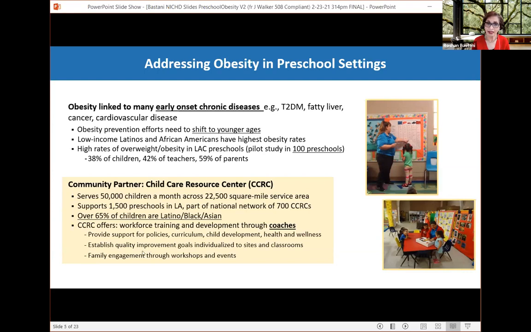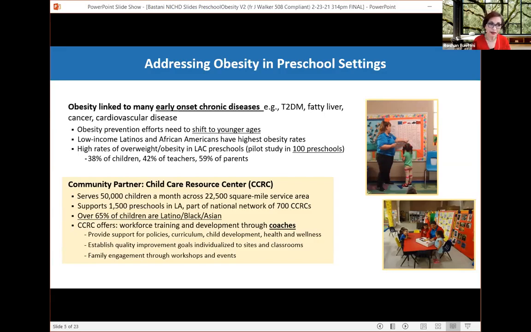In Los Angeles, about 65% of the children served by our CCRC are Latino, Black, or Asian. And CCRC offers workforce training and development to these preschools and does it through a model of coaching. The coaching staff regularly spend time in the preschools and provide one-on-one support to the administration, to the teachers, et cetera.